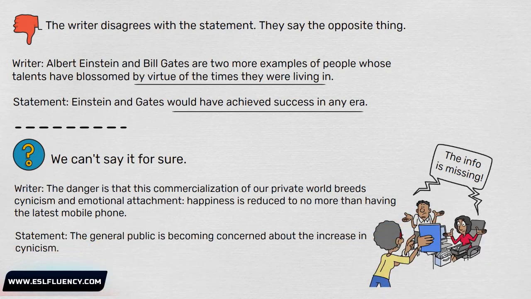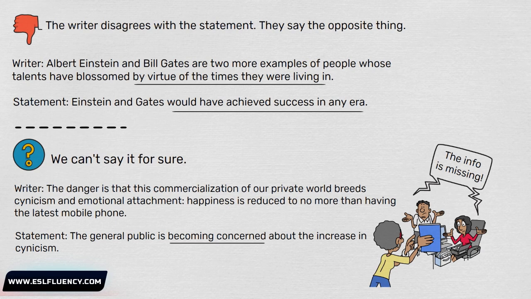Once again, as you can see, both of them talk about the increase in cynicism, which might trick you into choosing yes as the answer. But the writer doesn't really talk about whether people are concerned about this or not. So that piece of information is missing. The answer is not given. In other words, we don't know what the writer thinks is the case.